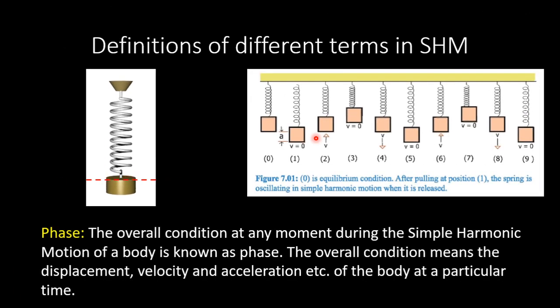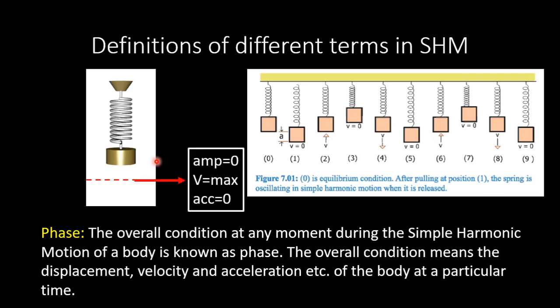And now we are talking about phase. What is called phase? The overall condition at any moment during the simple harmonic motion of a body is known as phase. The overall condition means the displacement, velocity and acceleration etc. of the body at a particular time. Here we see, as the object has simple harmonic motion, it has different values of amplitude, velocity and acceleration at different positions.